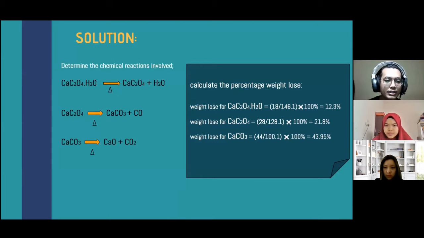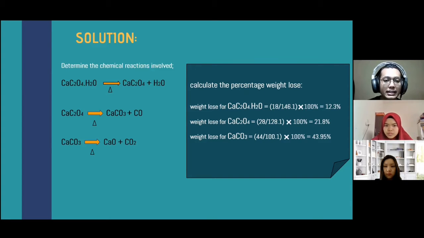Okay, so for the solution, first we must determine the chemical reaction involved. For the first stage, calcium oxalate monohydrate will be heated and decomposed to form calcium oxalate and water. Water will be lost first at 130 degrees Celsius. For the second stage, calcium oxalate will be heated and decomposed to form calcium carbonate and carbon monoxide.